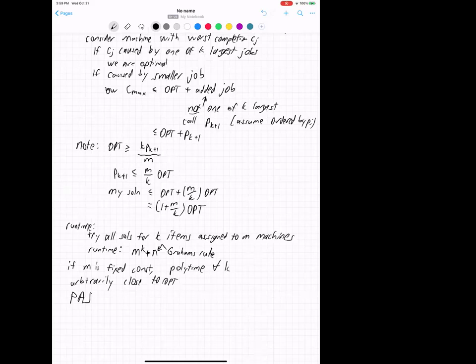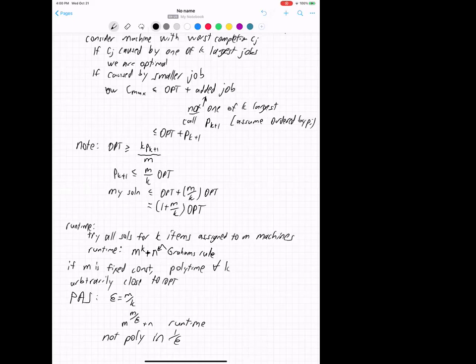It's not polynomial in epsilon. Epsilon here is around 1 over k. Exactly. My epsilon here is m over k. So the runtime of my algorithm is actually m to the m over epsilon, so it's not polynomial in epsilon or in 1 over epsilon.